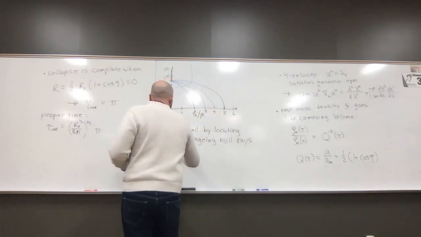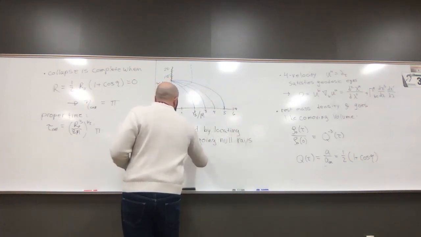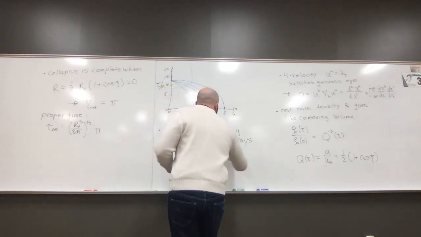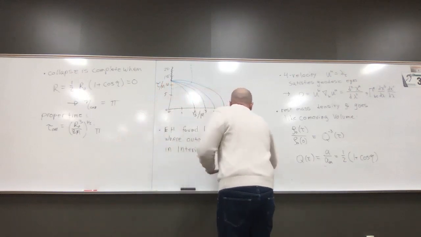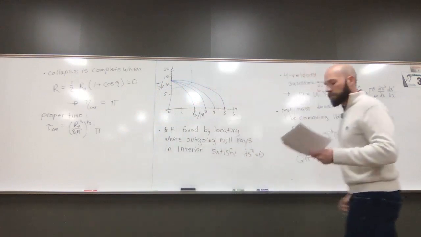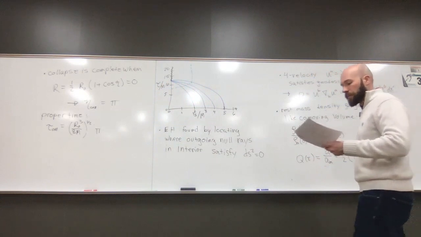In the interior metric. This is important. Satisfy ds squared equals 0. Sort of the definition of being null.